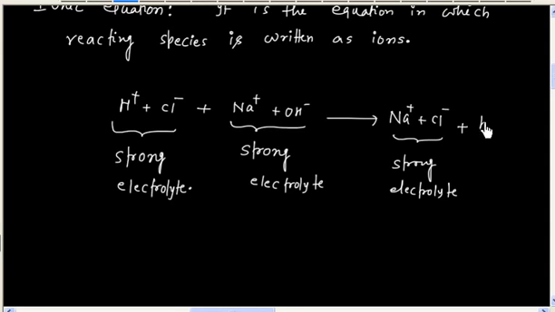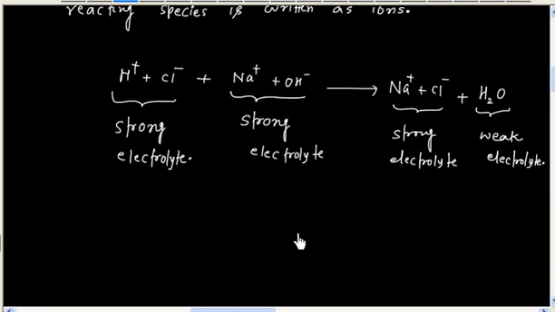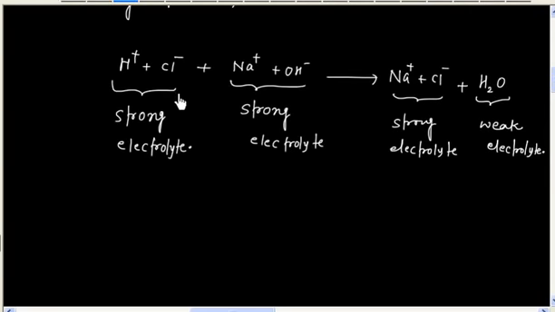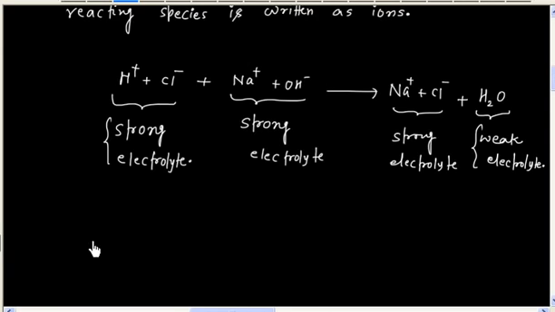But for water, we cannot write dissociated ions because H2O is weak electrolyte. So generally, whenever we have ionic bond, those are a strong electrolyte. In case of covalent bonds, we will have weak electrolyte. So this is the Ionic equation.